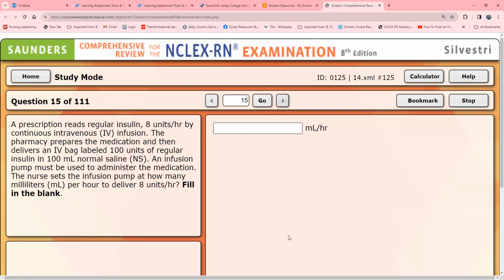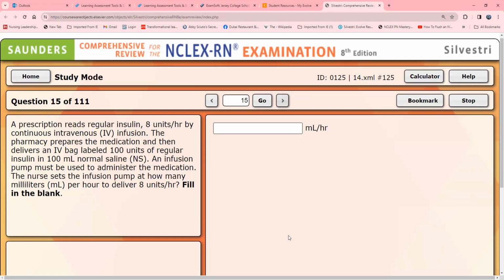The nurse sets the infusion pump at how many milliliters per hour to deliver 8 units an hour? Okay, so if you're setting the pump to deliver the 8 units per hour, that must be your dose, right? Because you're not going to deliver anything else other than the ordered dose, right? Right. So that tells you this is a desired over have.